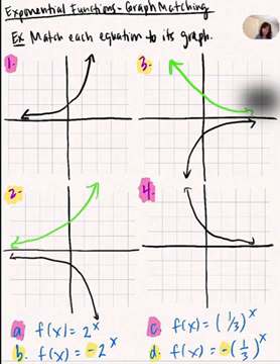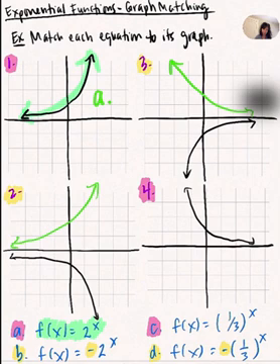So I can actually see here that this one right here is f of x equals 2 to the x because of the direction that the graph is curving up in. It's curving up to the right. So I know that this one right here is A.